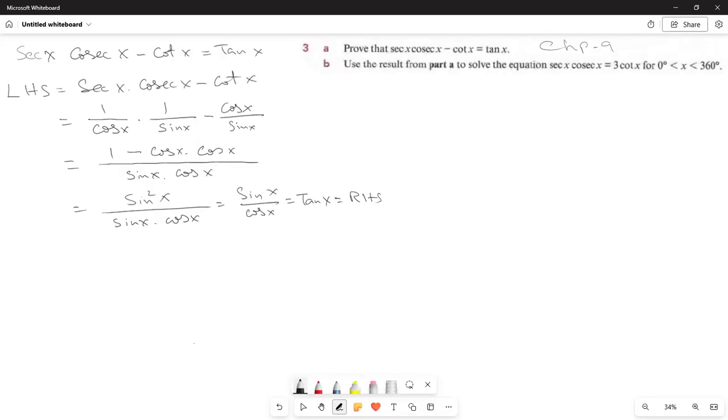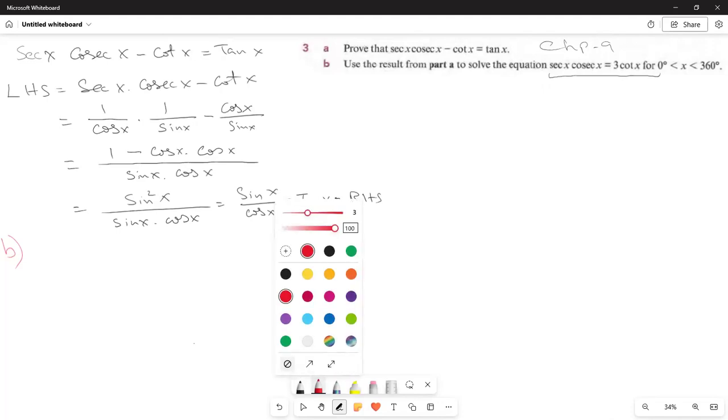Now part B is to use the result of part A to solve this equation. We can use this result or we can solve this equation without using the result of part A. Anyway, let's try to use the part A result.